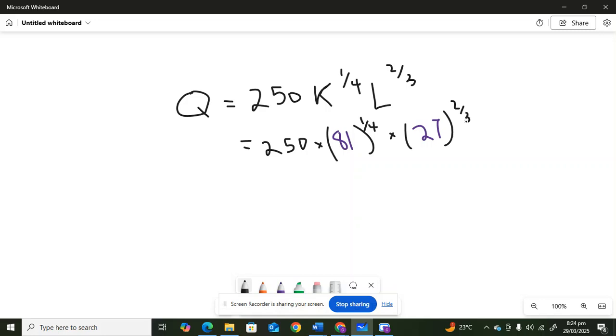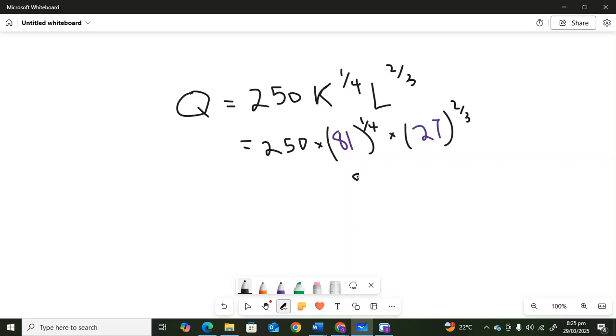Okay, so this is where we need to apply some indices because we've got fractional exponents here. So we need to simplify these two terms. 81 is the same as 9 times 9. Remember, 9 times 9 equals 81.